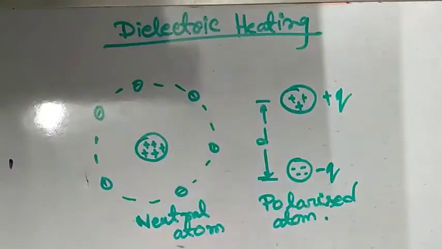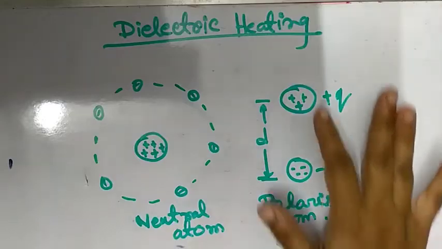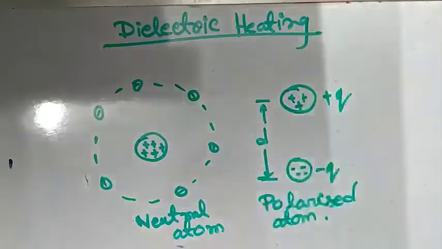Now, when this is subjected to an electric field, the charge distribution is disturbed and center of the negatively charged does not coincide with the nucleus, and the two centers are displaced by a distance. Now in this figure you can see that two charges are displaced. The atom is said to be polarized, and if the charge on the nucleus is Q, the product QD is known as the dipole moment.